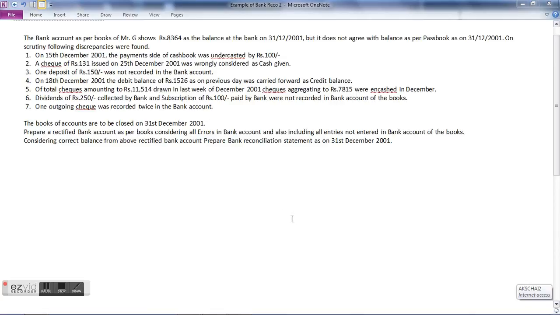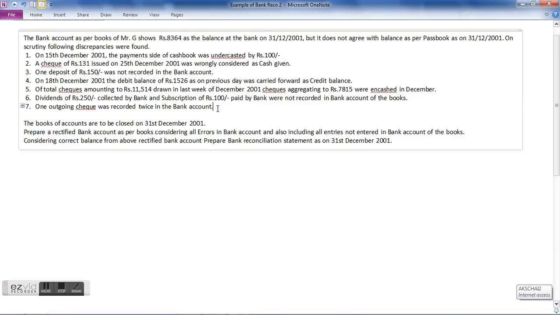The outgoing check amount is rupees 350, so this outgoing check of rupees 350 was recorded twice. The books of accounts are to be closed on 31st December. Prepare a rectified bank account as per books, considering all errors in the bank account and also including all the entries not entered in the bank account of the books.